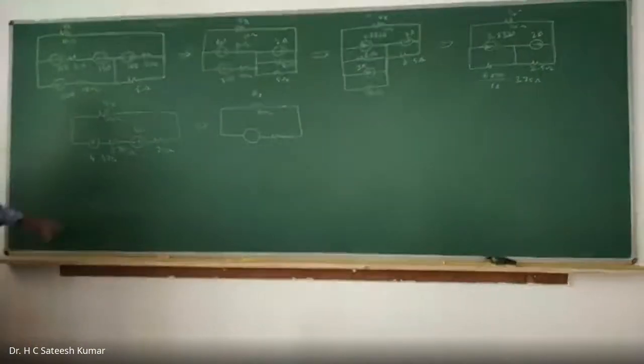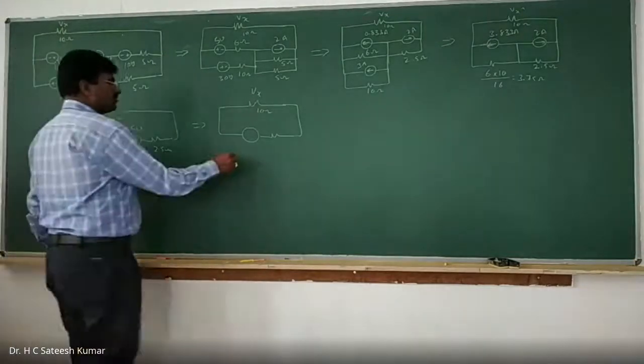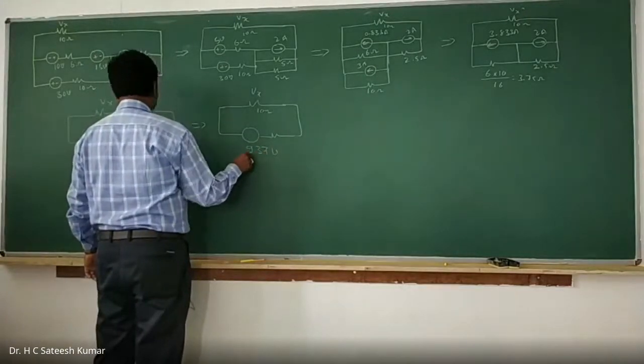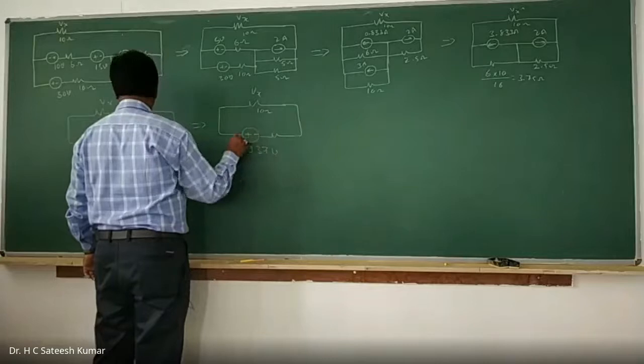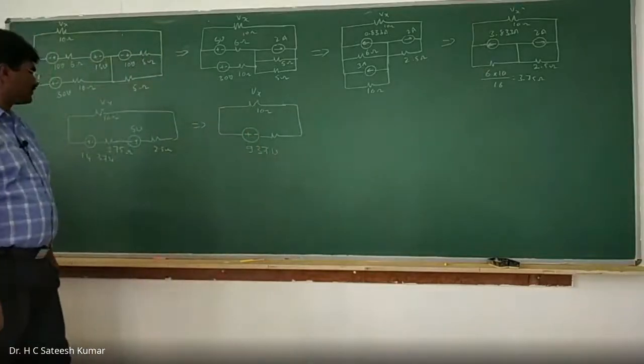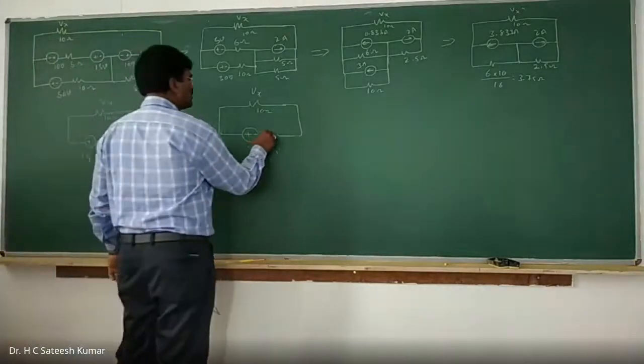What is it that we have? 14.37 minus 5 is 9.37 volts. So the plus minus is the bigger one. 3.75 plus 2.5 is 6.25 ohms.